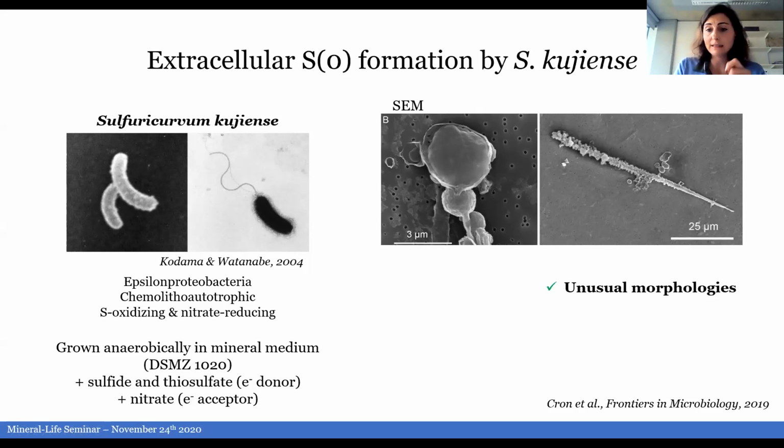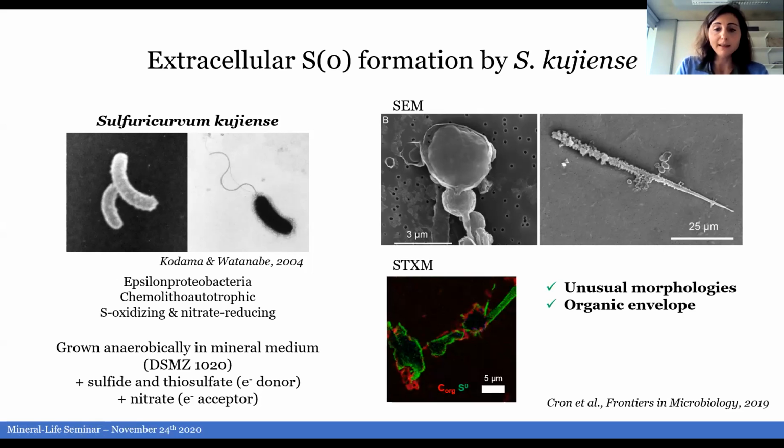So here we're ticking a first box for organomineralized sulfur, which is unusual morphology. Then we can bring the particles to the STXM to try to detect organic carbon. And we could show that these sulfur particles are also coated by an organic envelope. So we are ticking the second box.